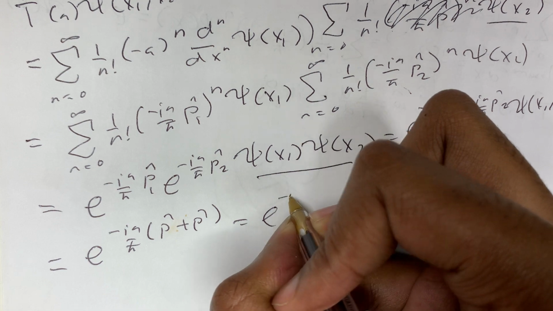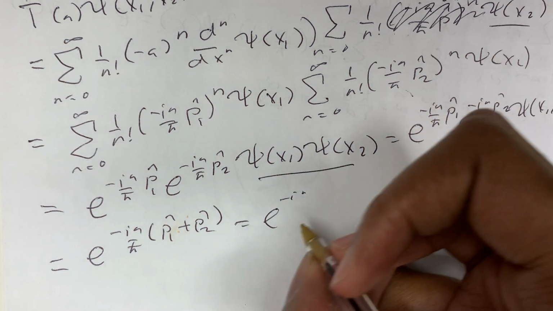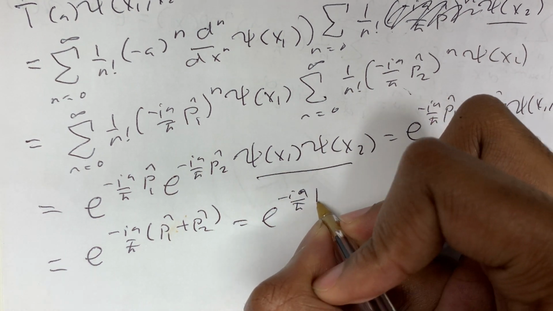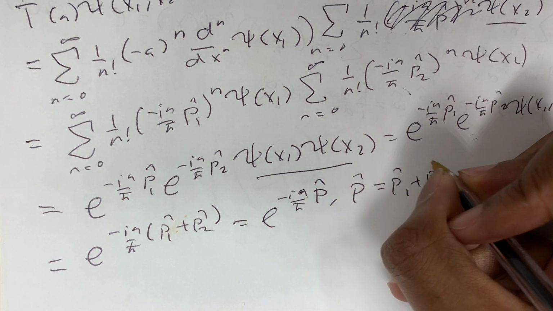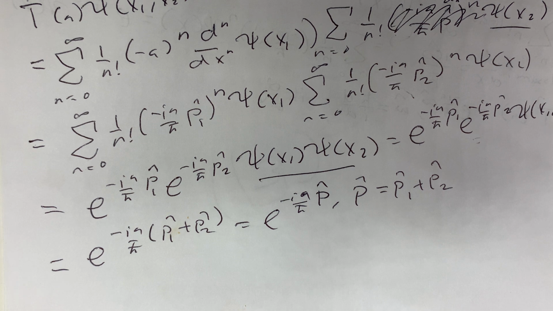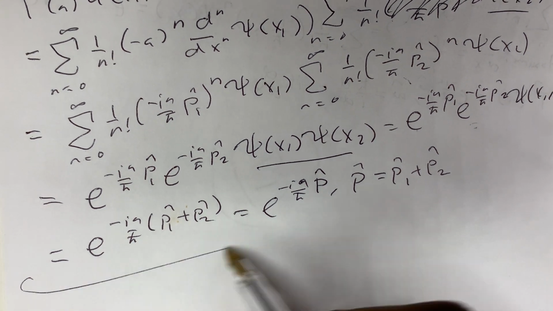That's just e to the minus i, p1 plus p2 actually. E to the i over h bar P, where P is the sum of the individual particle operators of momenta. Okay, we've just proven that.